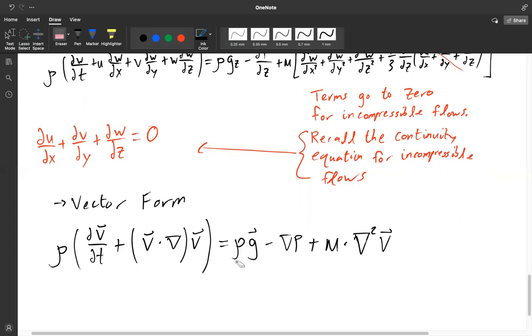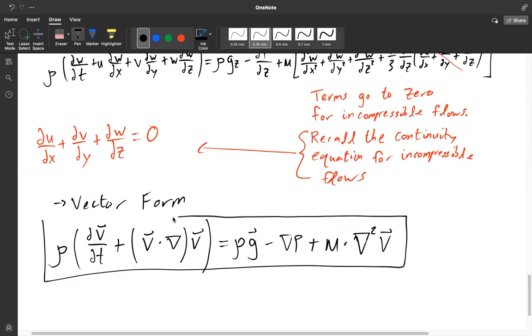This could be generalized to be the body forces acting on the control volume, minus the pressure gradient, which is gradient p, and mu times the second order gradient times the velocity vector is the internal stress forces or the viscous effects. So here is our vector form generalized. And there we have it. That's the derivation for the Navier-Stokes momentum equations.